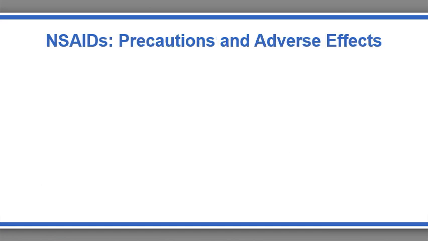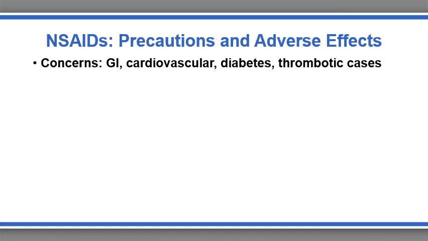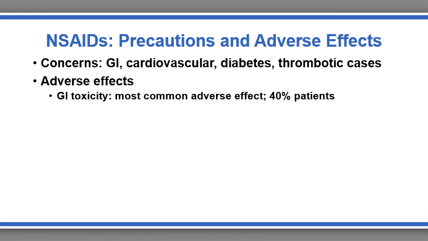So looking at some other precautions and adverse effects. There could be adverse effects in various systems. We already mentioned some of the gastrointestinal side effects. GI toxicity is probably the most common thing that people experience.